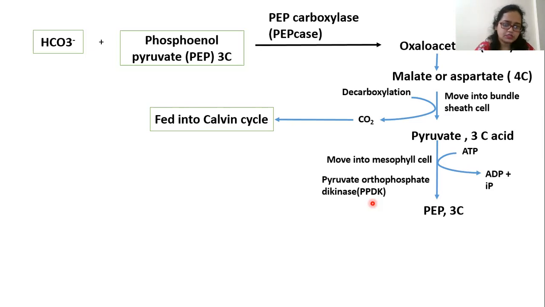The other advantage of C4 plants is that the enzyme which is found is PEP carboxylase, which fixes carbon dioxide, and it has only the carboxylase activity. It does not have the oxygenase activity. This is also one of the reasons why photorespiration does not occur in the C4 plants.